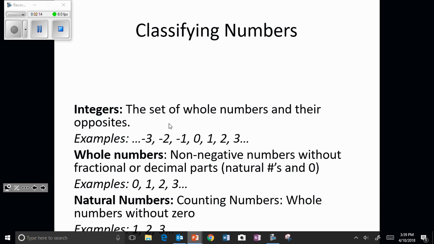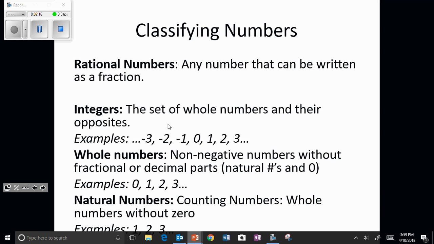Okay, then finally we've got this last set, rational numbers. And think about this, rational, it's basically what it sounds like. It's a ratio, okay? Any numbers that can be written as a fraction. Fraction is just another word for a ratio. So when you see rational, think fractions. So if I can take any two numbers, whether it's an integer, a whole number, or a natural number, and put it over another integer, whole number, natural number, and so on, I have a rational number.